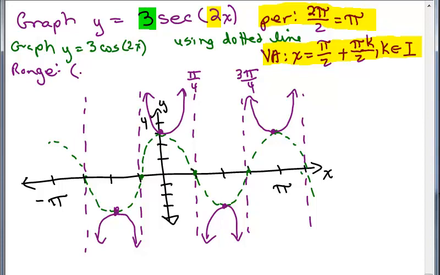Starts at negative infinity, going down forever, and goes up to negative 3. Union starts again at 3 all the way to infinity. And there we have our range. So we have the graph, the period, the vertical asymptotes.